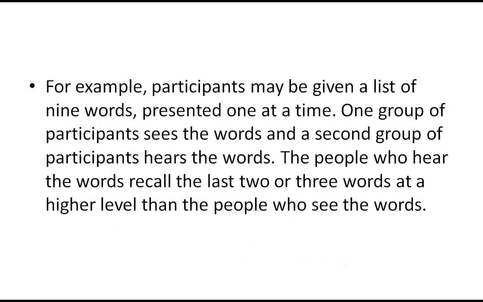For example, participants may be given a list of 9 words presented one at a time. One group of participants sees the words and a second group hears the words. The people who hear the words recall the last 2 or 3 words at a higher level than the people who see the words.